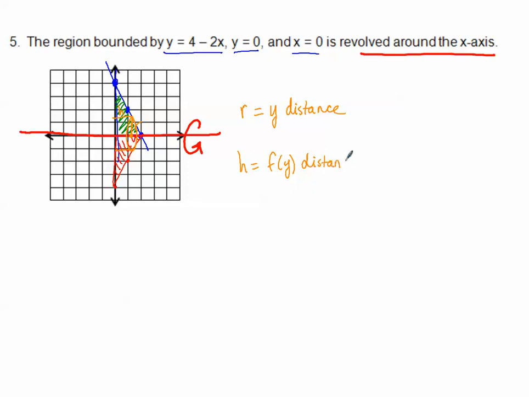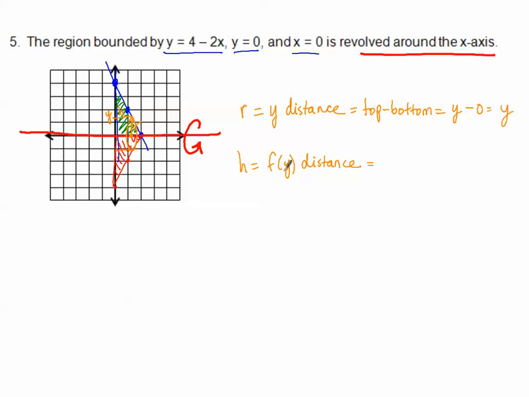That means everything is going to be in terms of y now. So the y distance goes up and down, so that is top minus bottom. The top is how far we are away in the y direction, so that's y minus 0. It's only y units long.